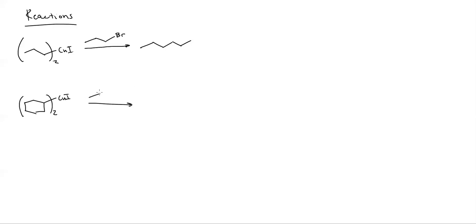We'll do SN2 on this, I guess. So now all I'm going to do is replace this chlorine with this cyclohexane. That's it. I'm done. It's easy, right? That's all we have to do.